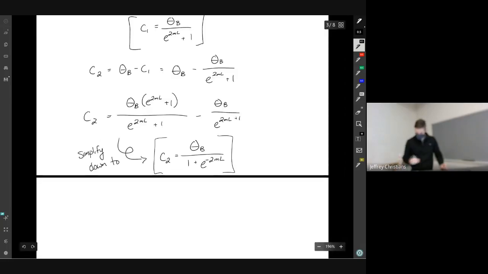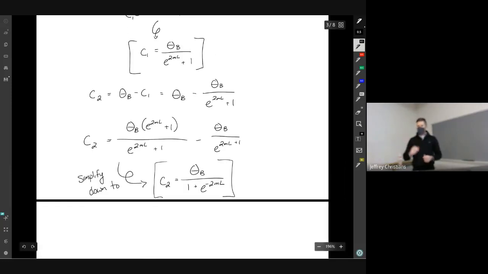Okay, so it takes a couple steps, more algebra than I think we need to go into. But you get, again, this symmetric formation where you have e to the 2 ml plus 1 and e to the minus 2 ml plus 1. So you get a symmetry in the coefficients, which is kind of neat.